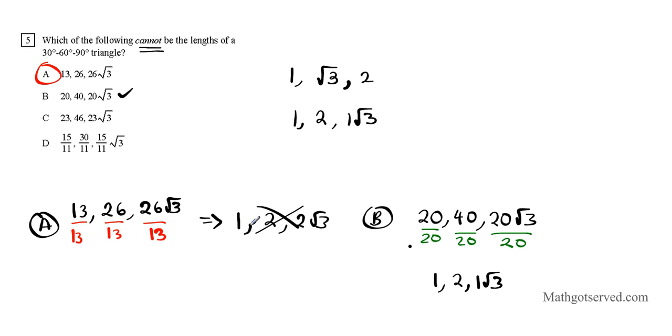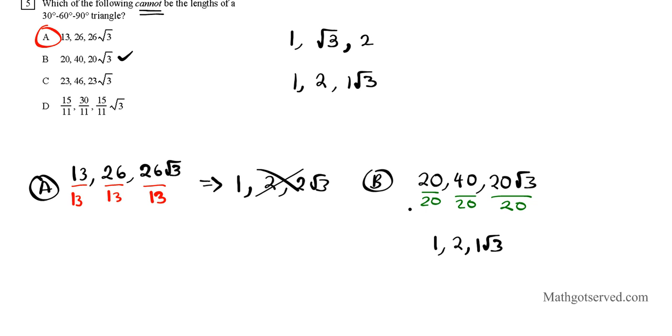If you take a look at C, let's just show that C is good also. For option C, we have 23, 46, and 23 root 3. To see if it matches this standard notation right here, divide everything by 23, which is the first number.